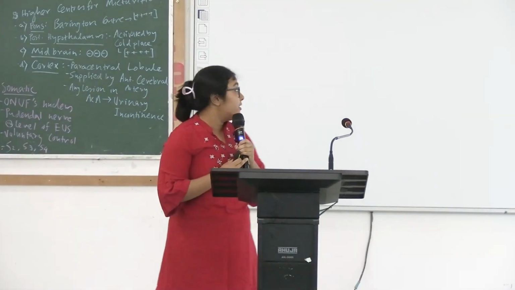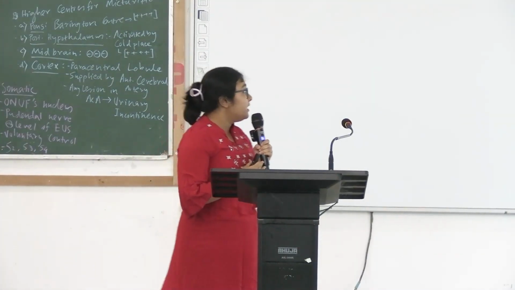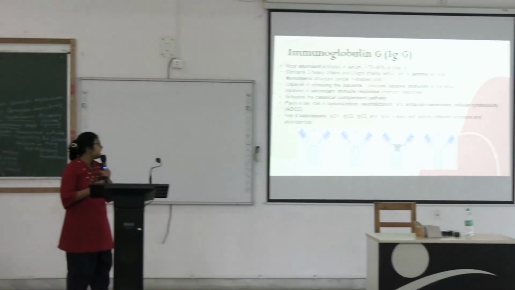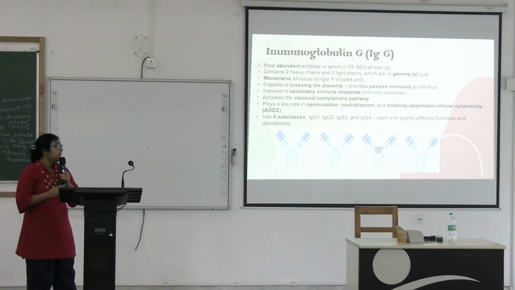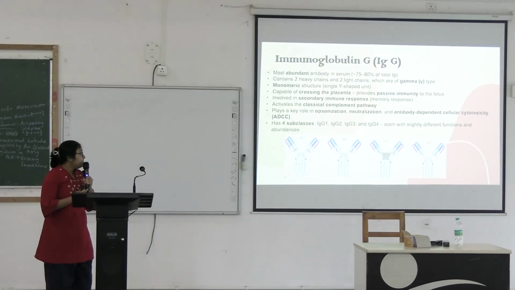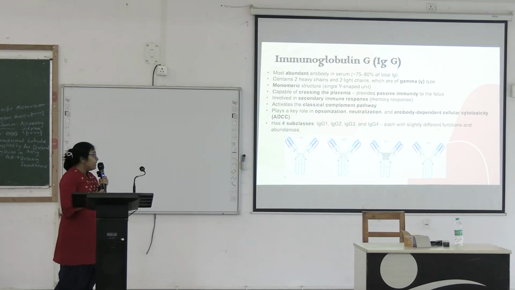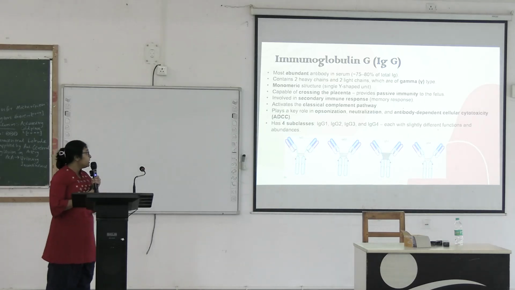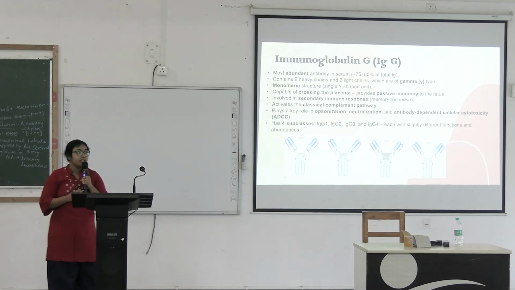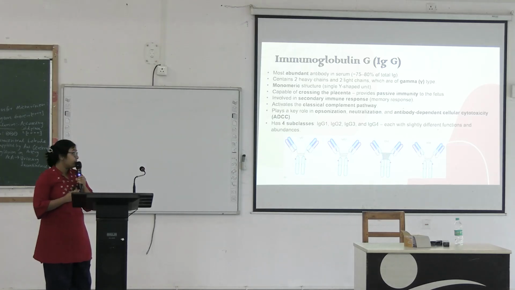So next we start with immunoglobulin G. Most abundant antibody in serum, 75 to 80% of total Ig. Contains 2 heavy chains and 2 light chains, which are of gamma type. Capable of crossing the placenta, provides passive immunity to the fetus, involved in secondary immune responses, which are also called anamnestic responses.